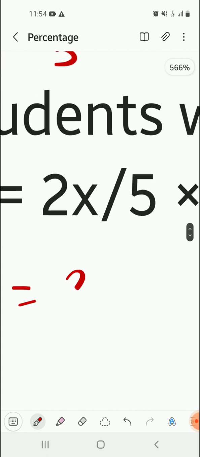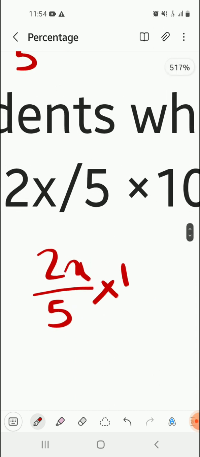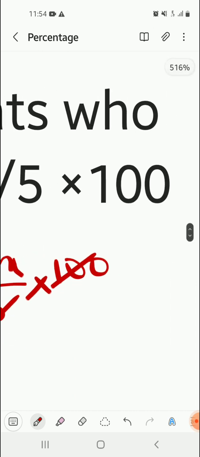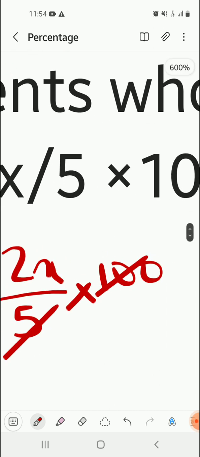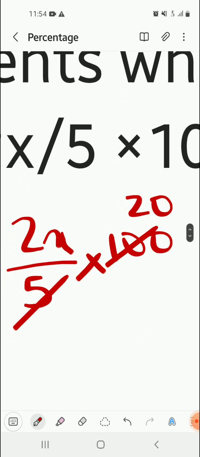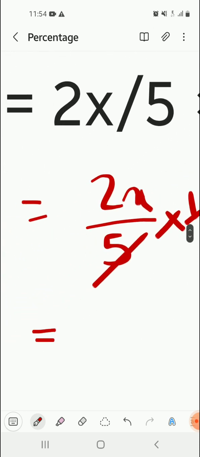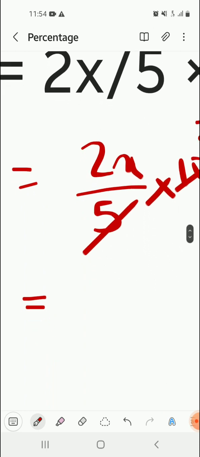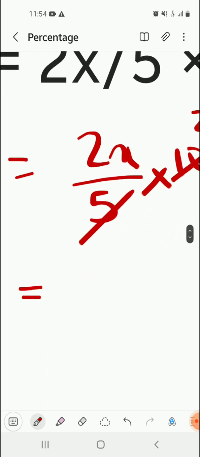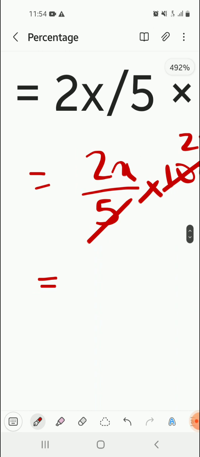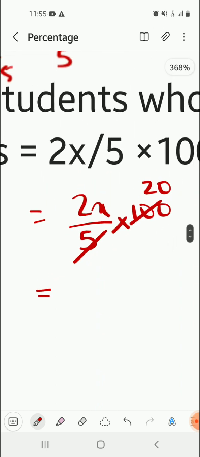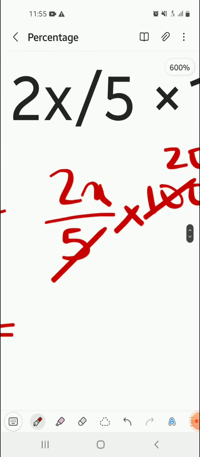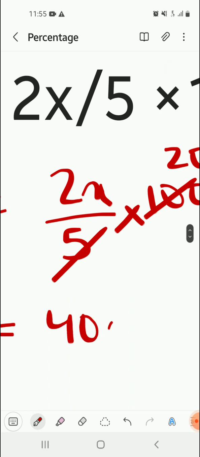So let's do it. It is 2x by 5 into 100. So this gets cancelled. So we get 5 and 100. This is 20. Therefore, it is 40x.